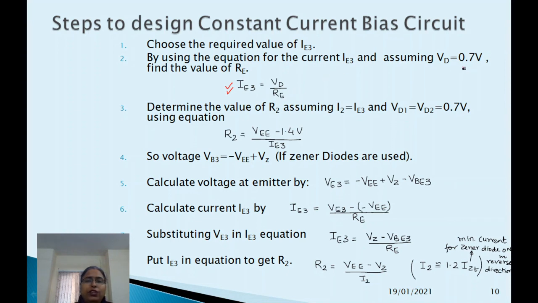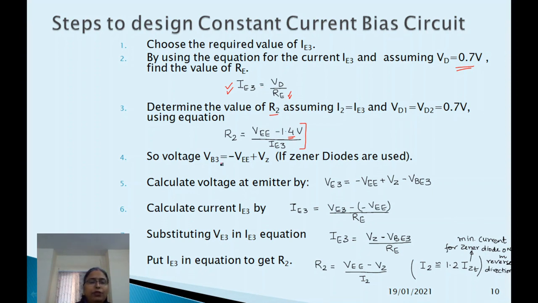Assuming VD equal to 0.7 volt, where VD is the voltage drop across a single diode, we can find the value of RE. Similarly, we determine the value of R2 from this equation: VEE minus twice VD, upon IE3. Because we have calculated IE3 in step 2, we can find the value of R2.